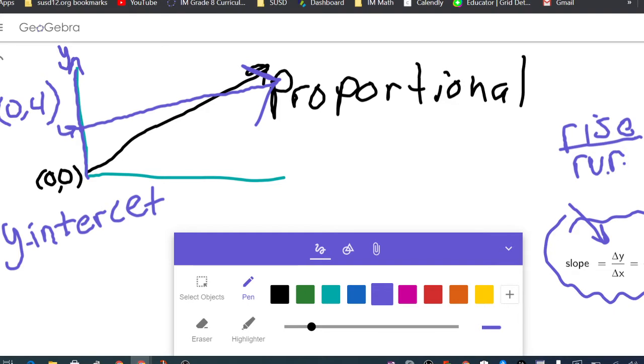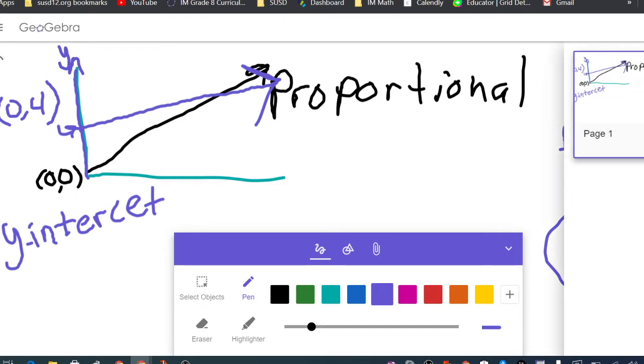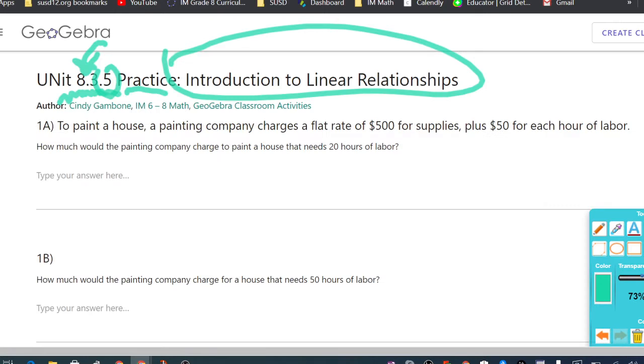It's very useful to remember. The rise is the y coordinate going up, and the run is the x coordinate going over. So don't forget, slope of a line is rise over run. Okay, let's get started on our lesson. I'll just delete that so it's ready to go for next time. Okay, here we are.